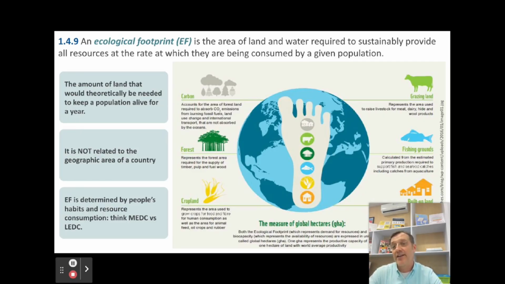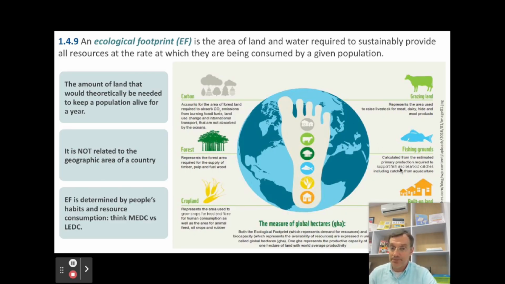This is going to come back to the idea of renewable and non-renewable resources. We need to give those resources time to renew themselves for new fish, new animals to be born and to mature. We need to give the environment time to absorb our pollutants, our greenhouse gases, the carbon that we're emitting. We need time for those forests to grow and pull that carbon out of the atmosphere.